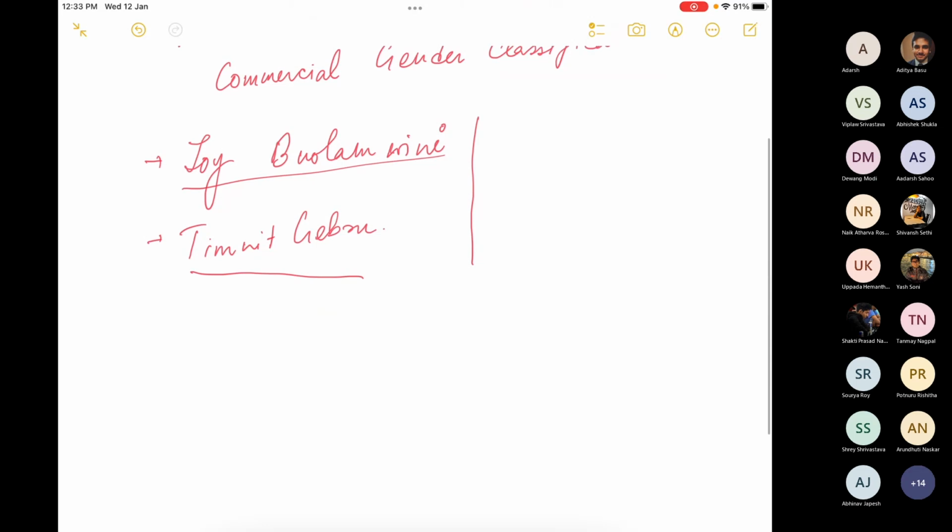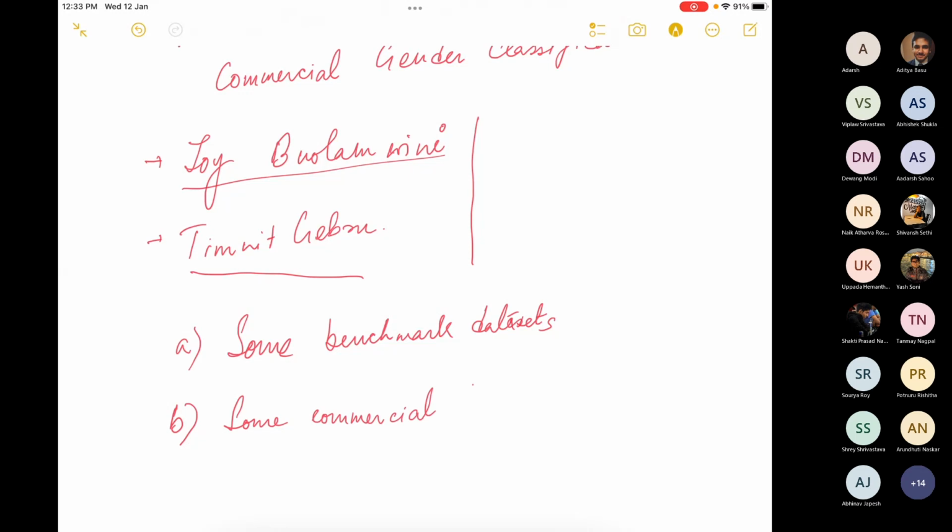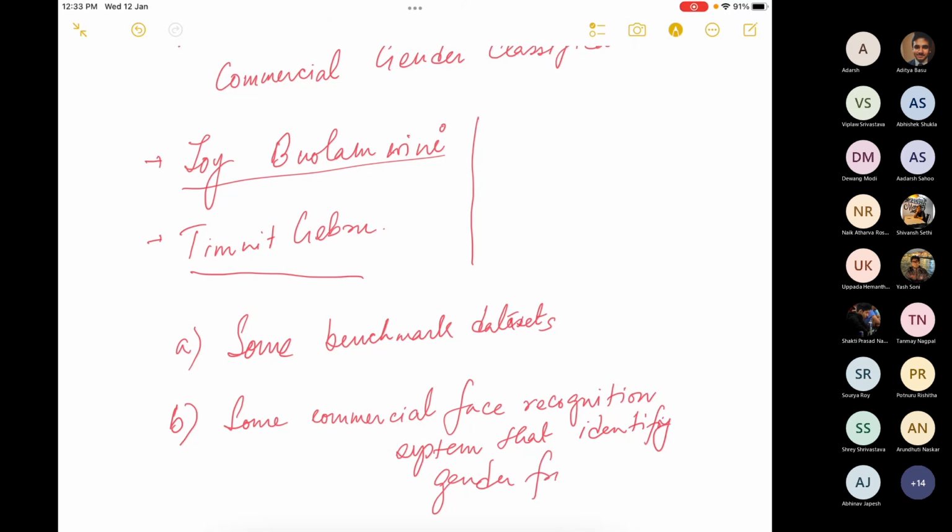One, some benchmark data sets, and two, some commercial face recognition systems that identify gender from the facial image.